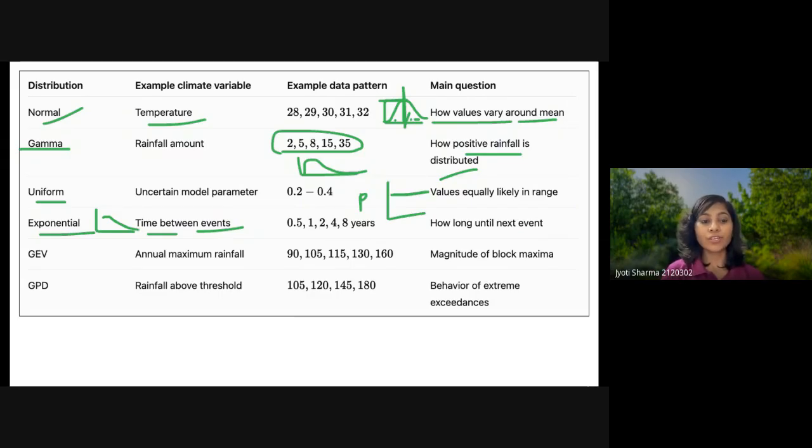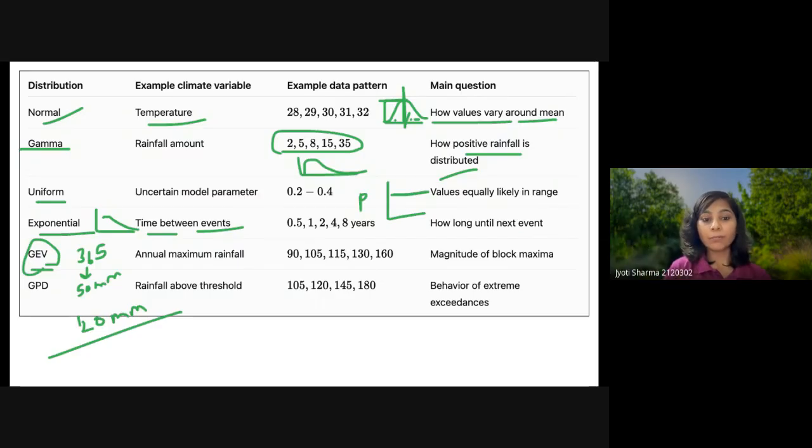And then we have the generalized extreme value distribution, where for each year we take some extreme value. For example, out of 365 days, we learned that the maximum value was 50 mm. For another year we will also see the highest value of the rainfall, so let's say it is 20 mm, 120 mm. So we will have a list of values which are the highest value per year.